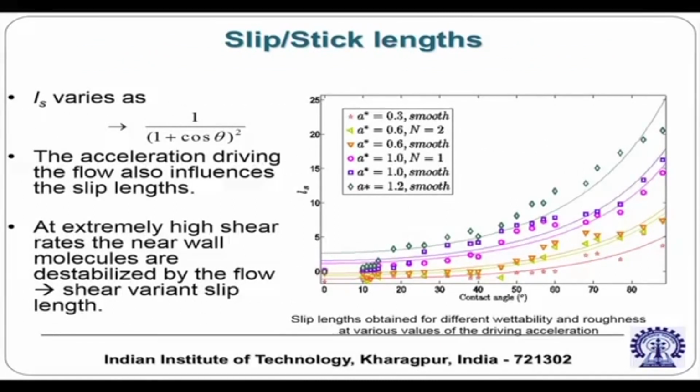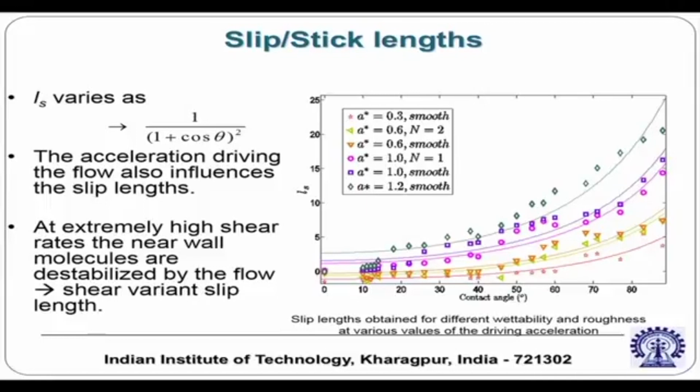The slip length will vary with the contact angle, and that is quite intuitive and has been known for quite a long time, because the contact angle determines the wettability of the substrate, and the wettability has a strong role to play in deciding the slip.